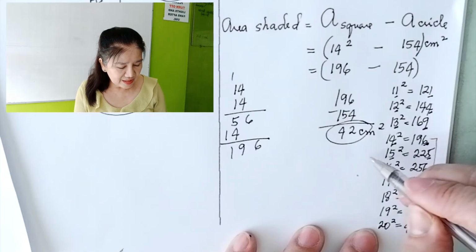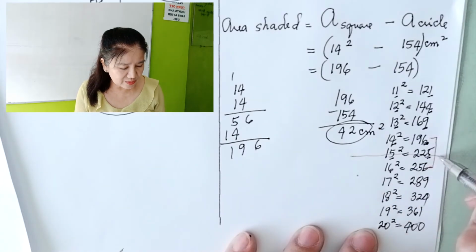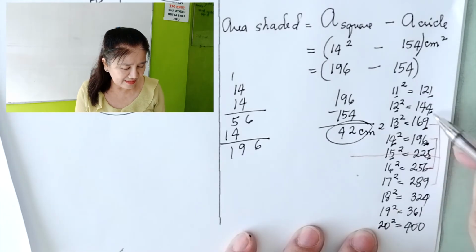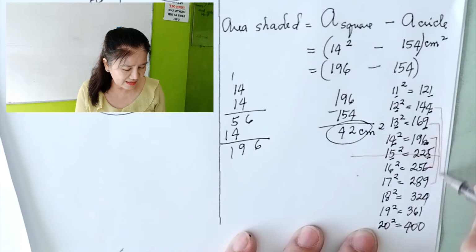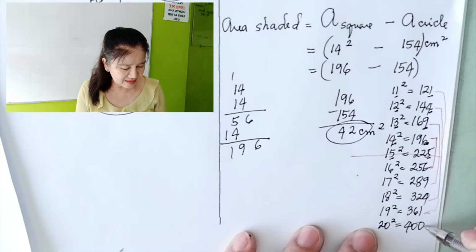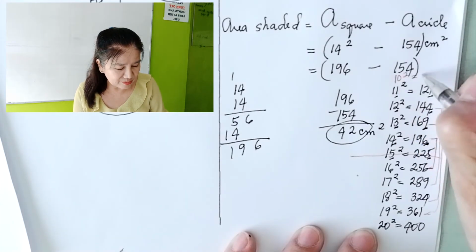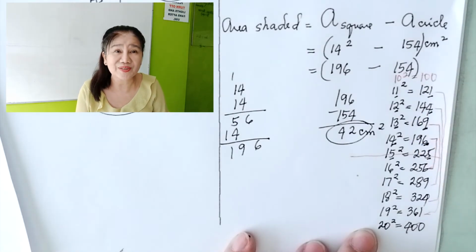So all you have to do is that after 15 squared here, these two end in 6, and then these two now end in 9. Then these two will be ending in 4, ending in 1. Why is this ending in 0? Because the number here is 10 squared, which is 100, ending in 0.